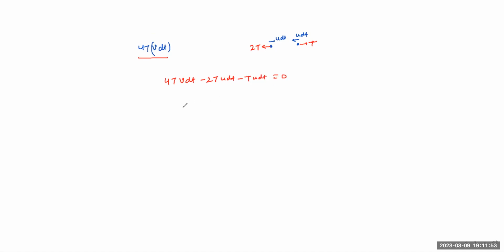So 4V minus 3U equals zero, so V is 3U by 4. You can always do it this way, and always remember that whenever there is a free end pulled by someone, we always look at the end as the object, and therefore the tension is like this always, and then check the displacement.